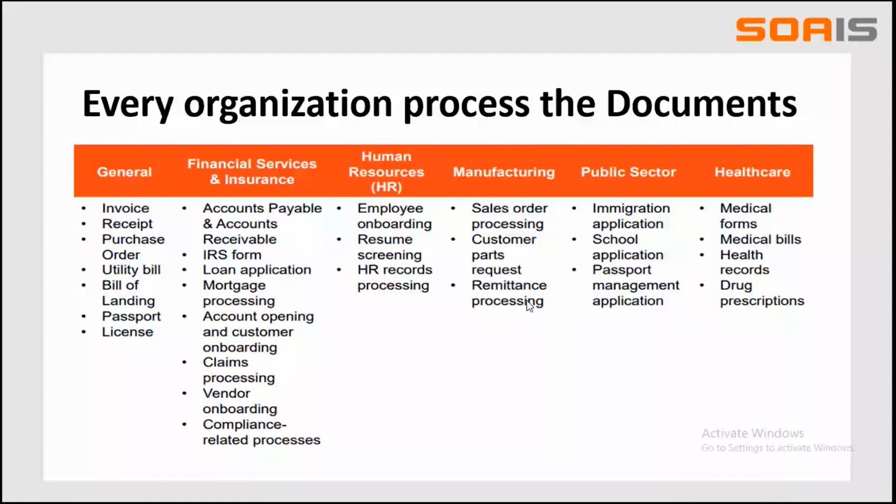When it comes to financial services and insurance, accounts payable and accounts receivable, maybe something called a ledger, credits and debits, IRS forms, loan applications, and then claims, vendor onboarding, and compliance related processes. When it comes to human resources, employee onboarding, resume screening, and HR records.